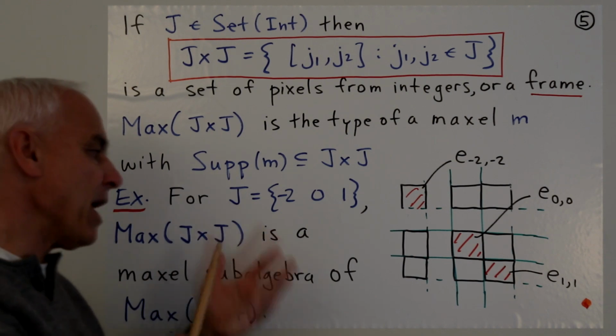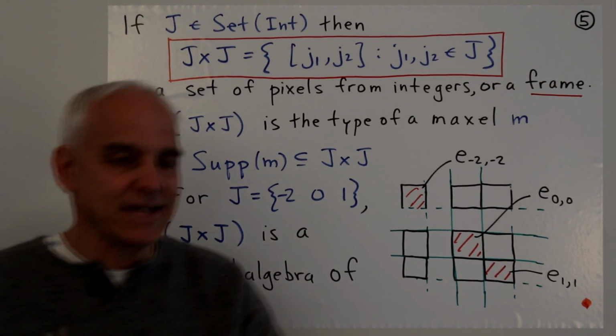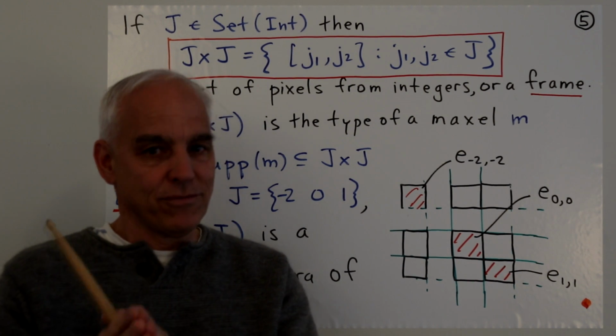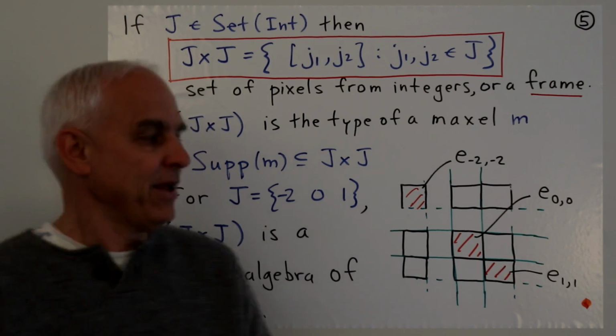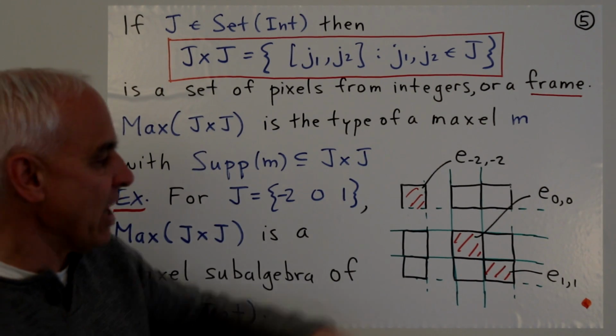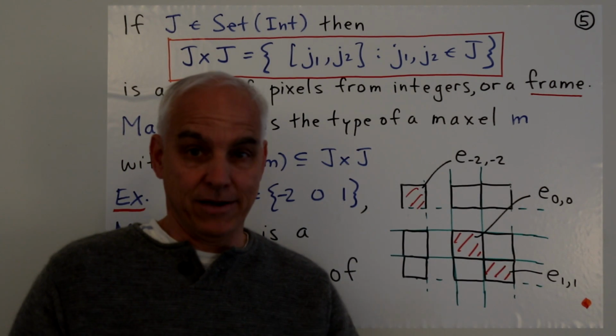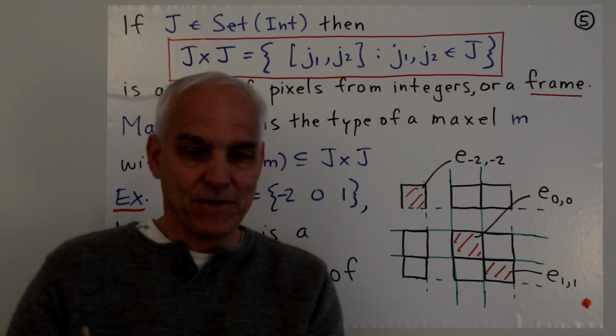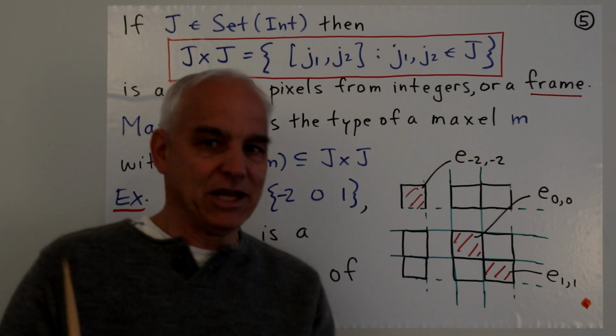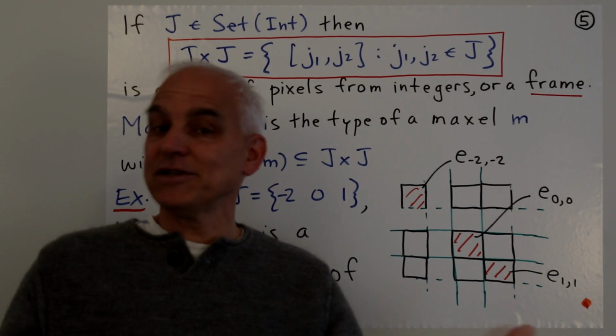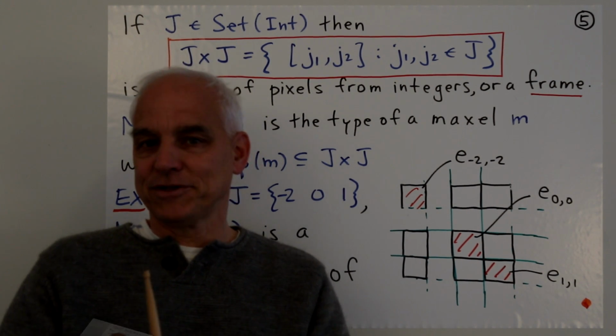Okay, so this is by way of a review, but also an extension of the ideas that we had before in the natural number case. We're now extending this to cover the entire plane. That's the crucial difference. We're now allowing arbitrary integers to be indices for our pixels.